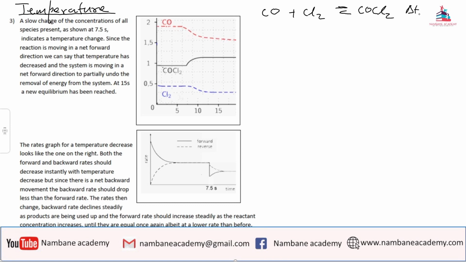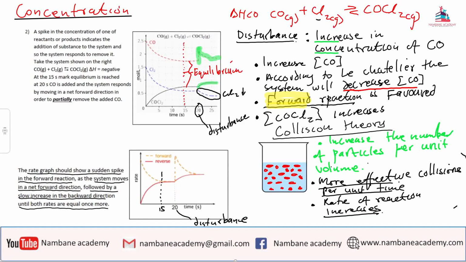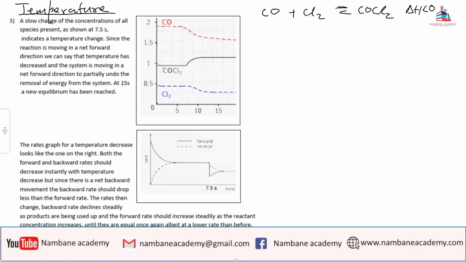We are told delta H is less than 0. Let me check if I've captured it correctly. Yes, everything is a gas, and we are told that it is exothermic.